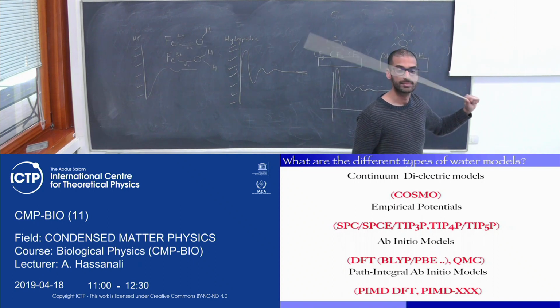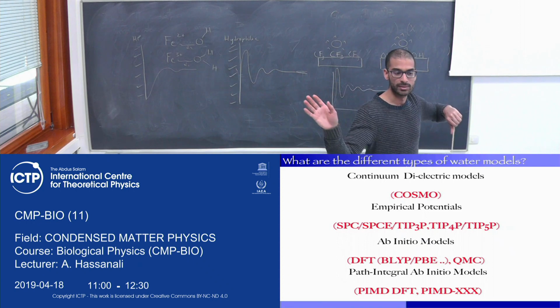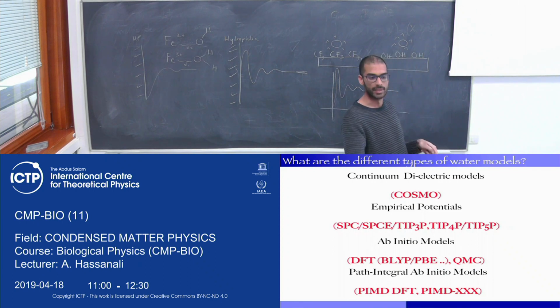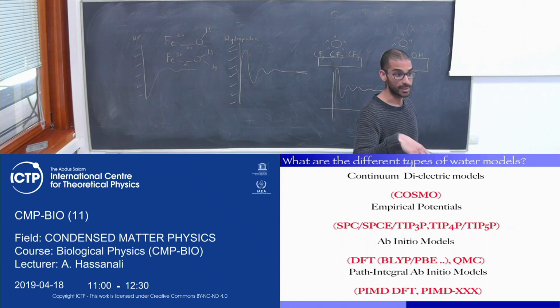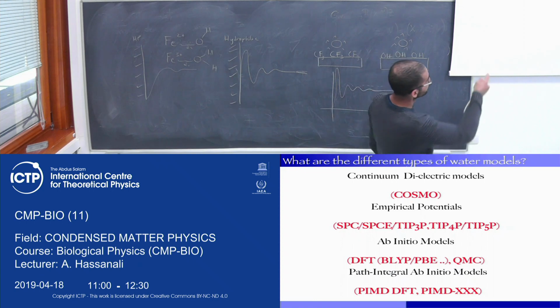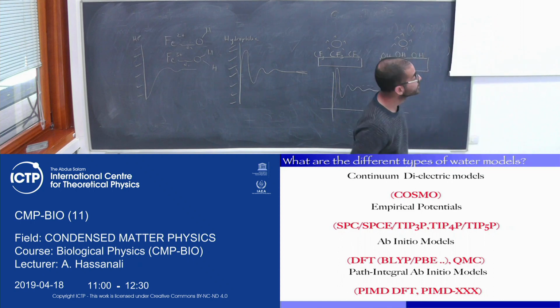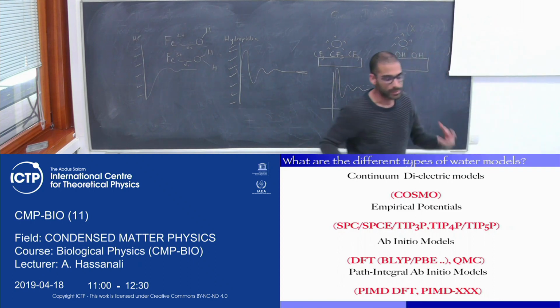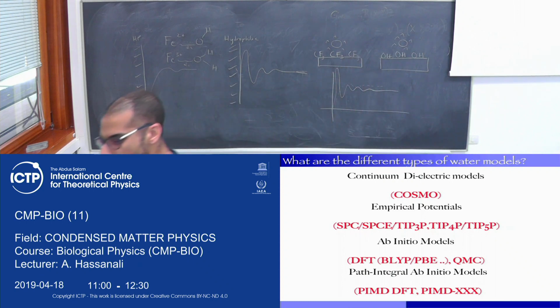There's epsilon type models, the dielectric constant. This is what is used in Poisson-Boltzmann theory. It's what gives Debye-Huckel theory. It gives things like the Bjerrum length. And then there are a whole class of other empirical type potentials, the types of things we did in the numerical 2 tutorial.